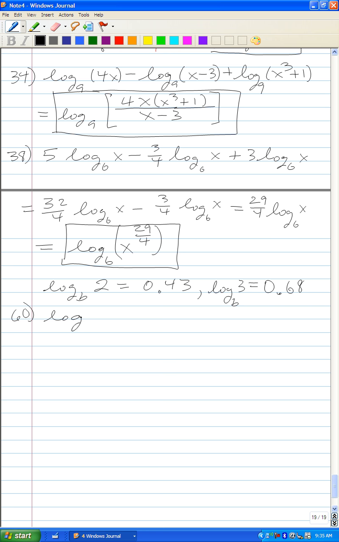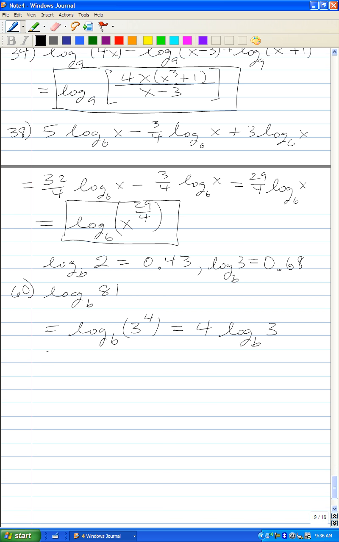Log base b of 81. So in this case, what I want to do is rewrite it so that they are in terms of either log base b of 2 or log base b of 3. Well, I notice that 81 is 3 to the 4th: 3, 9, 27, 81. And so by the properties of logarithms, I can rewrite this as 4 log base b of 3.